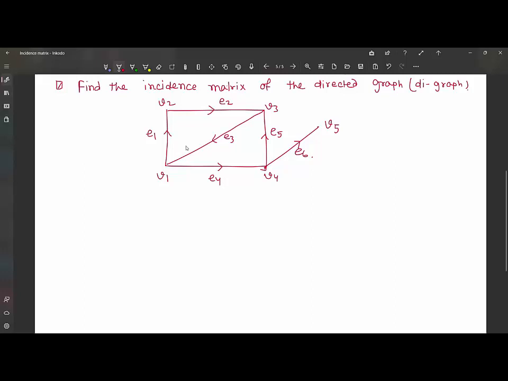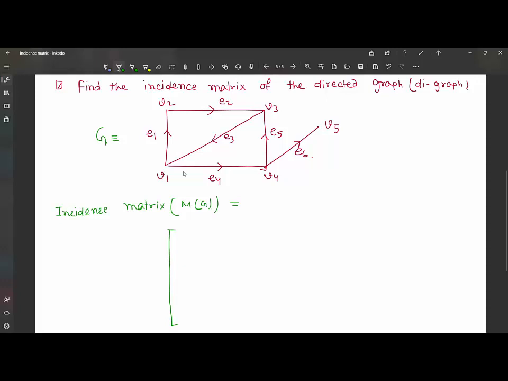Now see, there are some directions given in the graph. First of all we do this in the same way. The incidence matrix M of G: if this is the graph G, then we do the same process.